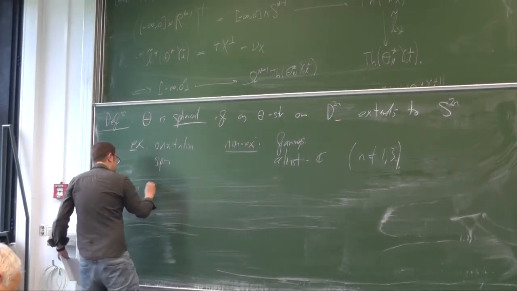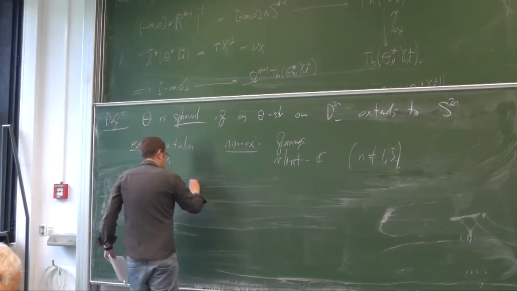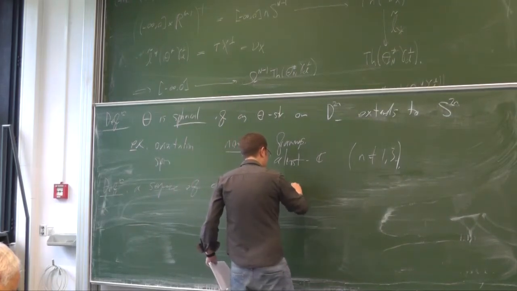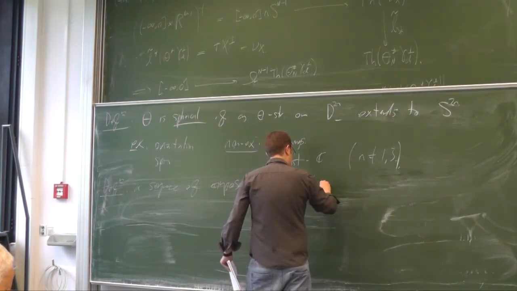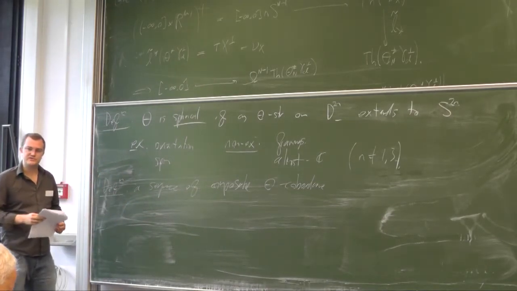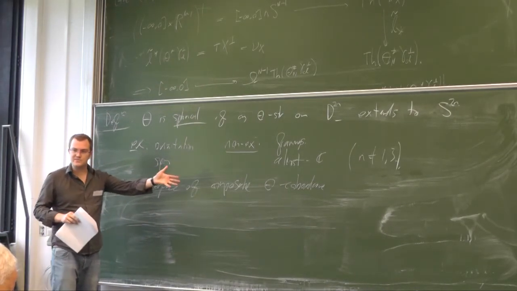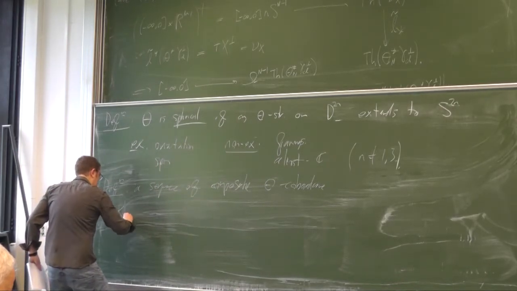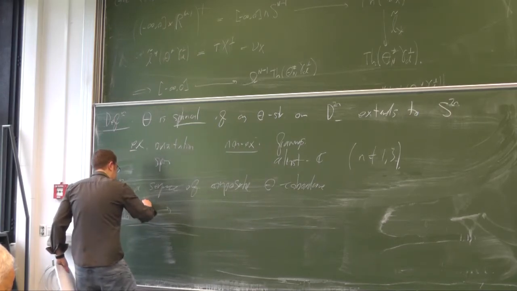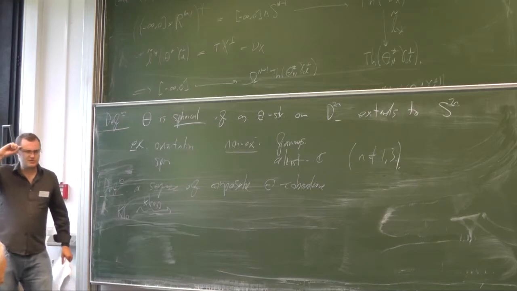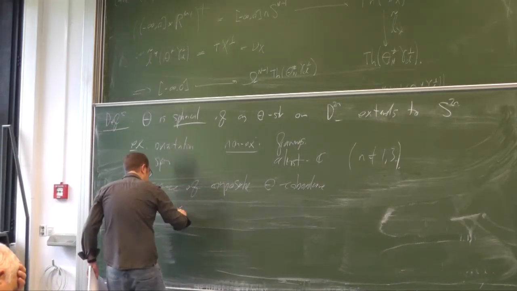More interesting one is called a sequence of composable theta cobordisms. So let me omit the theta structure. A manifold now will have a theta structure implicit, and if the manifold is called M with theta structure, we call it L sub M. So this notation is not a restriction of anything, but it's supposed to be a bit psychologically useful.